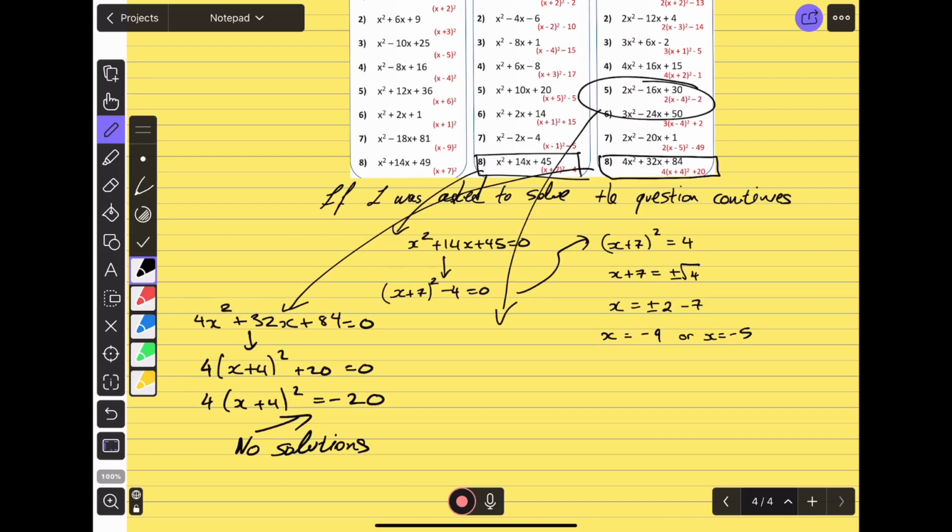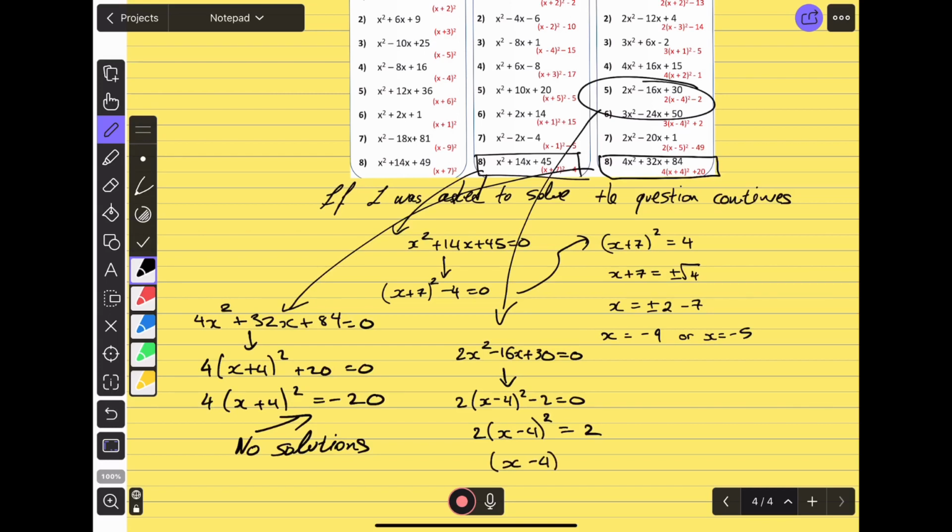So let's see if we can solve one of them. So when completing the square, I get 2(x minus 4) squared minus 2 equals 0. So first thing I will do is put the 2 on the other side. So 2(x minus 4) squared equals 2. Please notice I'll divide by 2 first of all before square rooting.